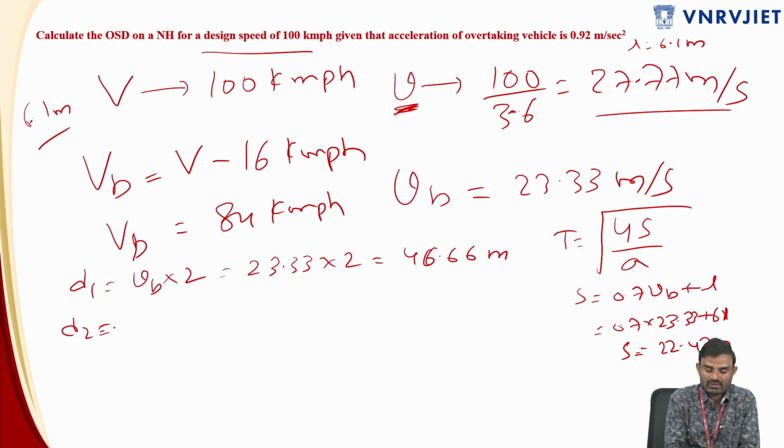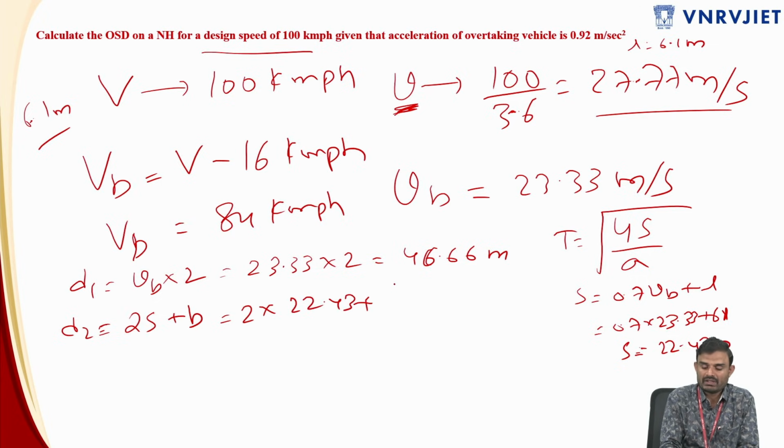So if you substitute the value in D2, which is 2 times S plus B, 2 into S is 22.43, plus B, which is VB into T, where VB is 23.33 into capital T. If you substitute the value of S and the acceleration, which is given as 0.92, you are going to get the value somewhere around 9.51 seconds.